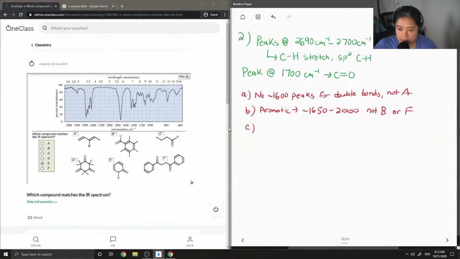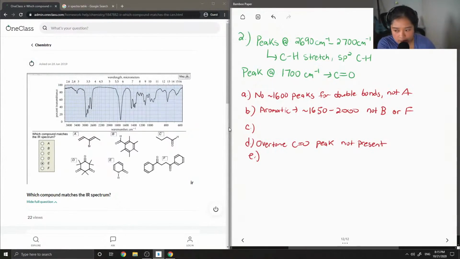So it could be C, but I'm still going to go over all the different molecules. So with a compound like D, there should be overtone carbonyl groups, but it's not there in the spectra. So we can rule out D.